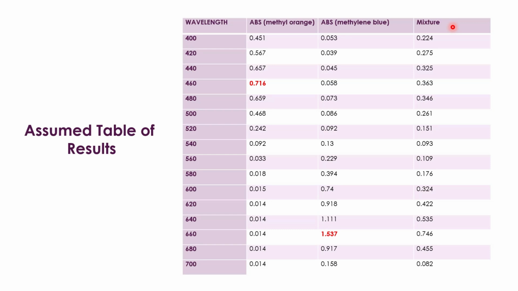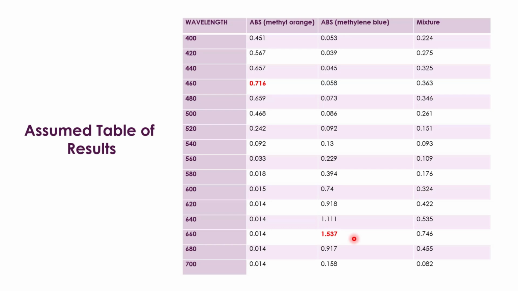If we take a look at our table, we can see that the maximum absorption for the methyl orange occurred at the wavelength of 460 nanometer with the absorbance value of 0.716, and that of the methylene blue occurred at 660 nanometer with the absorbance value of 1.537.